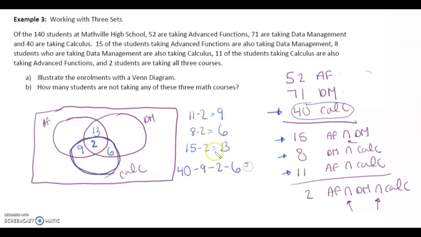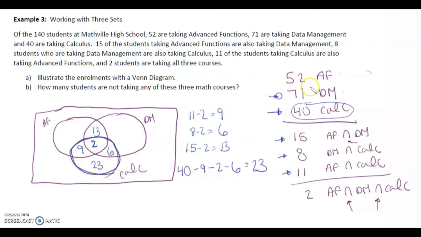So what we want to do is we want to do the 40 and we want to subtract all of those because we already took them into account. Okay, so that will be 23. So 23 students are only taking calculus, no other maths.